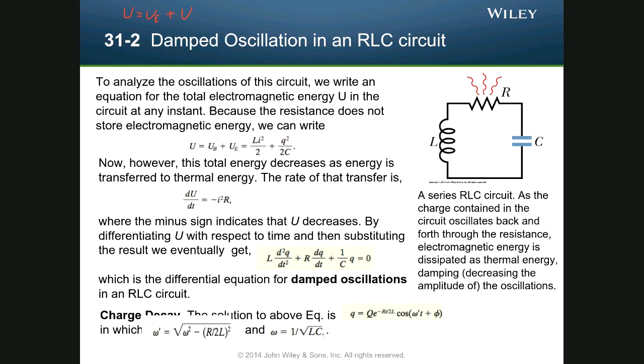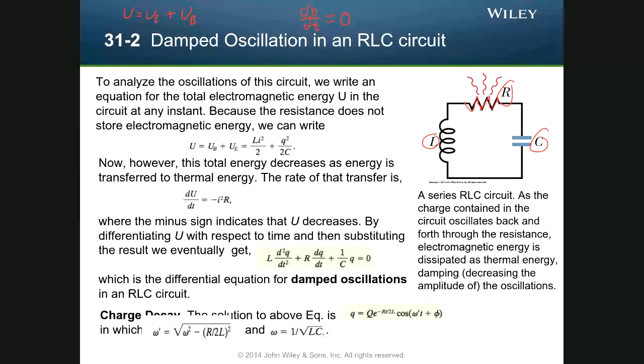Now, in an undamped oscillator with no sources and no losses, when we took the derivative, dU/dt, that equaled 0, right? But now we're going to say, well, what if there's a resistor in this circuit, right? What if we have loss? And that's usually what we have with heat. You'll notice that gives us now an L, a C, and an R. So we've got all of our major circuit elements.